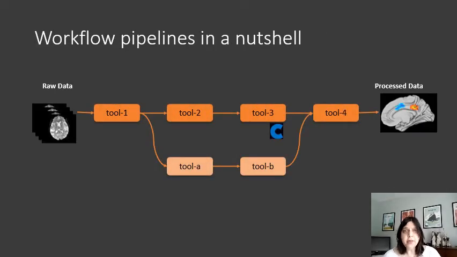Now let's think about this in relationship to a common scientific workflow. And this is what I think of as workflow pipelines in a nutshell, what they look like. So a workflow boils down to some sequence of tools that will convert the data that you have in their own special way. And each step of a workflow, just very, very generally, takes files as inputs and generates files as outputs.